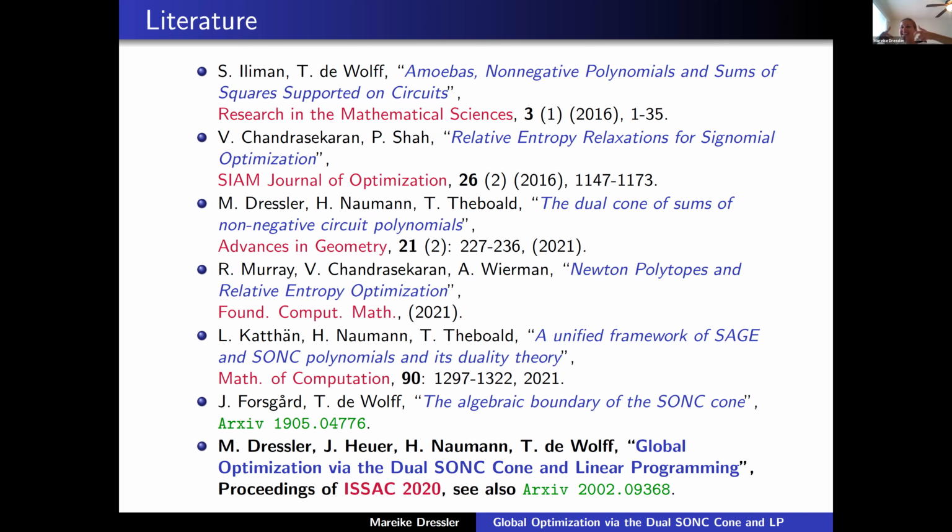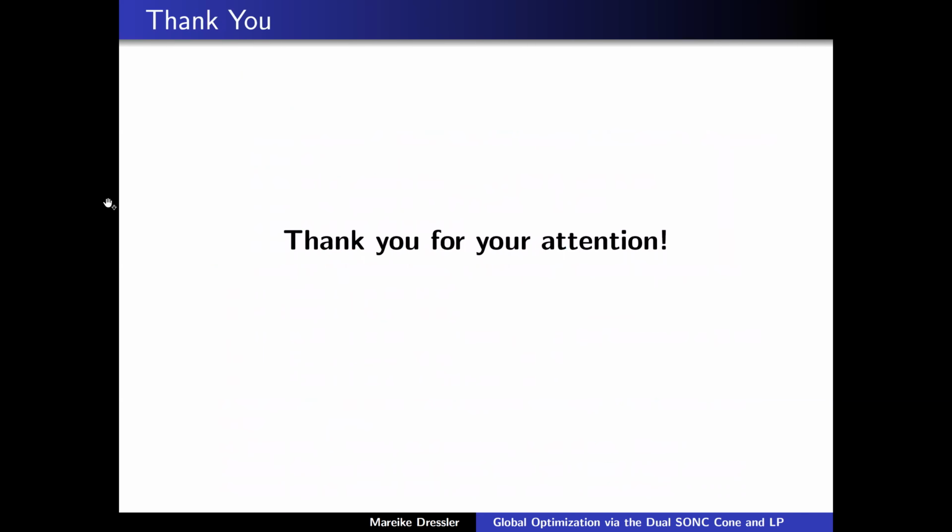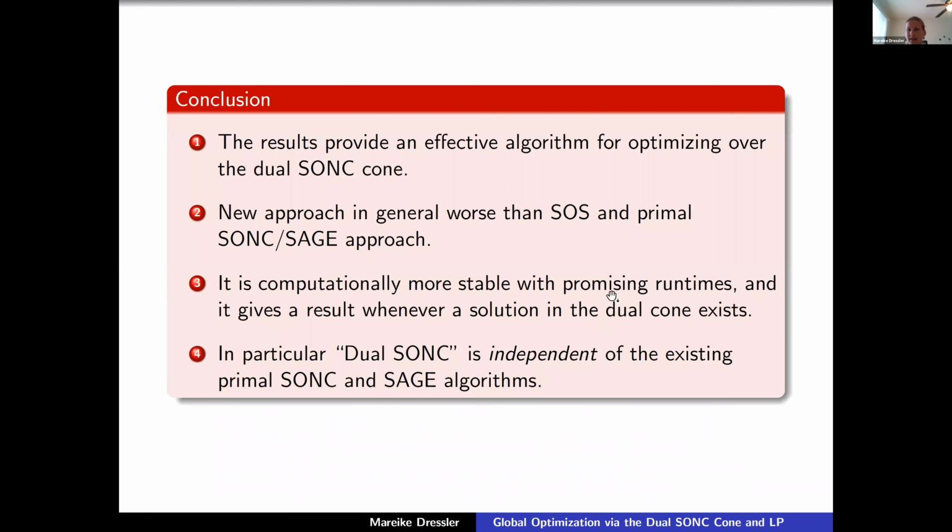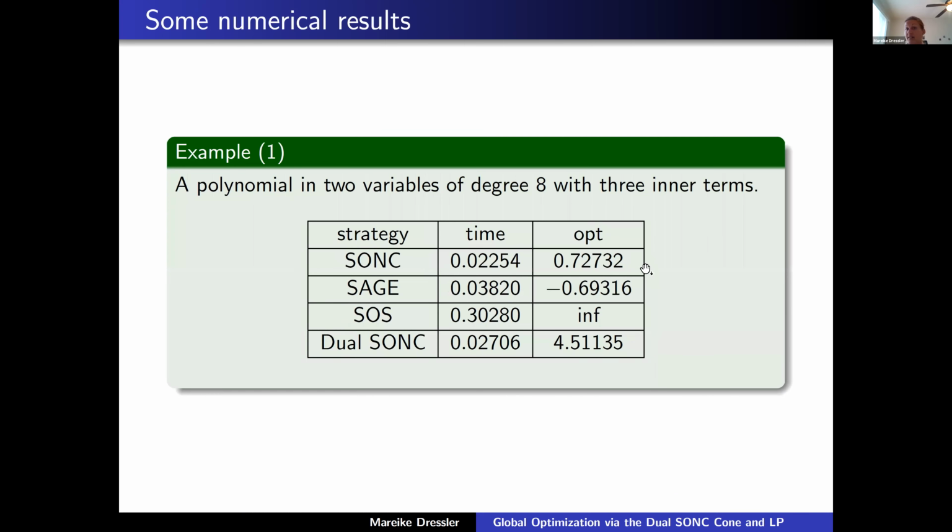Exactly, it's exactly the opposite, because the dual SONC cone lies in the primal one, and hence from this perspective, the primal SONC cone clearly gives better results. I see, yes. And that's why here we also see that it gives better results.